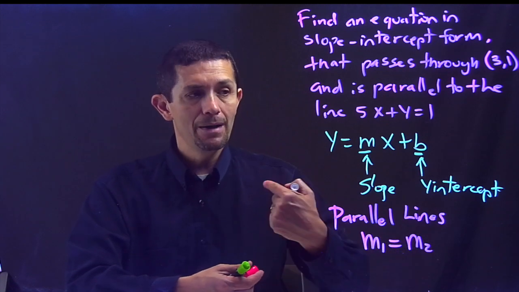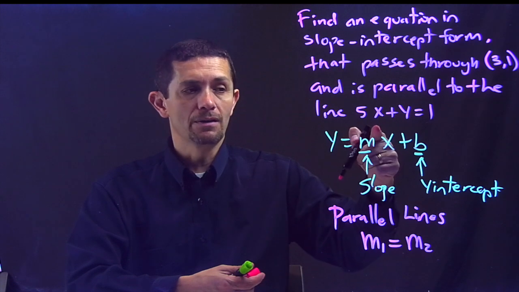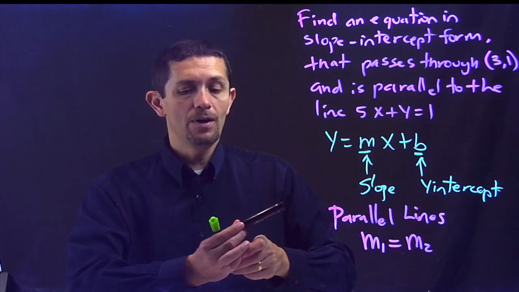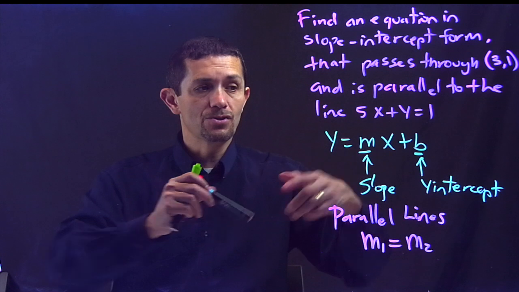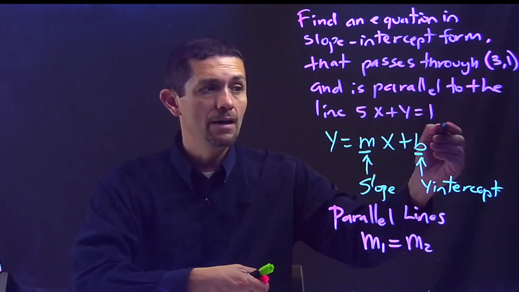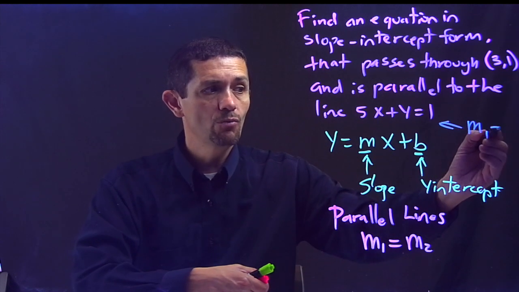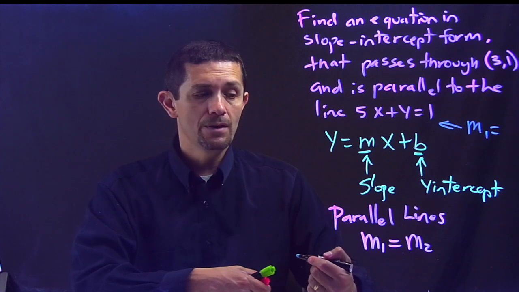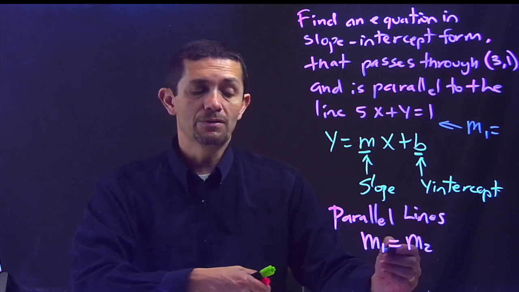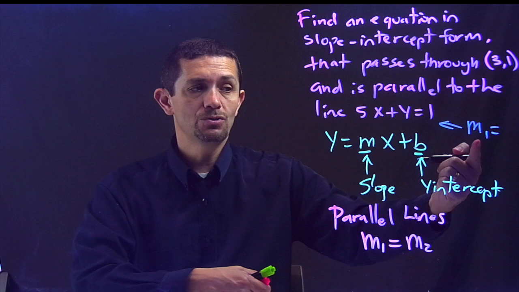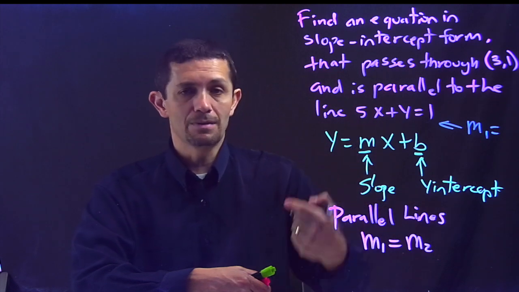So I have to find the slope of this line, and that will be slope number 1. Because parallel lines have the same slope, my slope number 2, which is my line, will be the same as that.